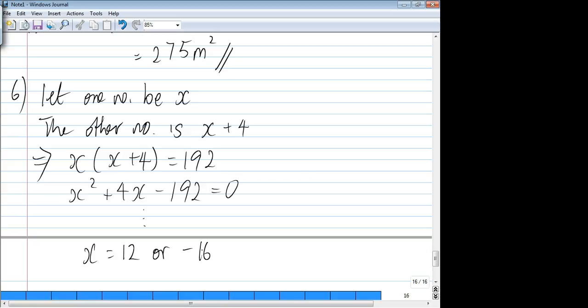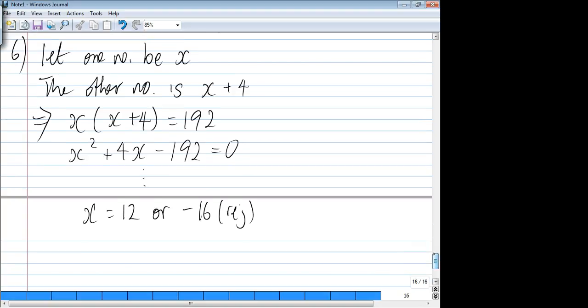Can we accept both values? We can't, because the question says the two numbers are positive. So this is rejected. So one value is 12. The other value must be 12 plus 4, which is 16.